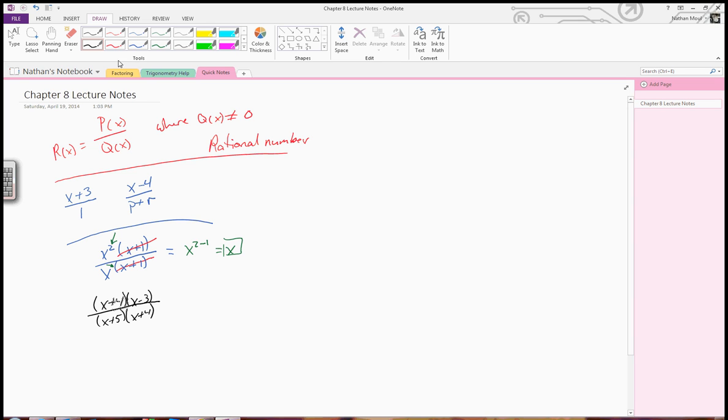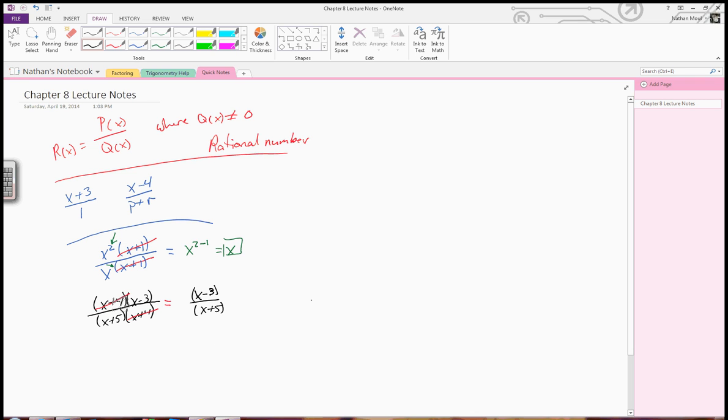Again, we'll look at the entire fraction, and we'll see that we have an x plus 4 that we can cancel out, which becomes 1 over 1. So we're left with x minus 3 over x plus 5. The parentheses are unnecessary, but I'm just leaving them there for illustration purposes.